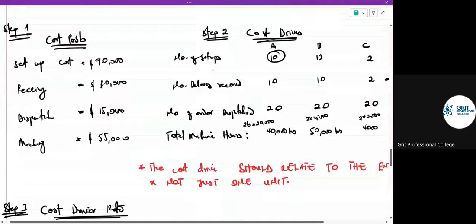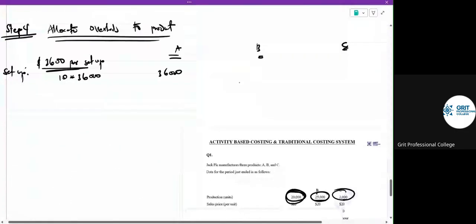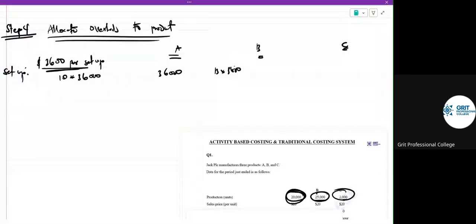Same for B, it will be 13 by 3,600. And what will the cost be, please? I'll beg you to help me with the figure so that we can proceed quickly. 46,800.